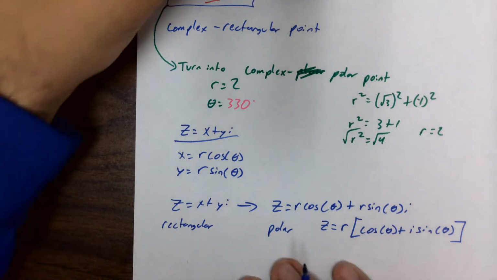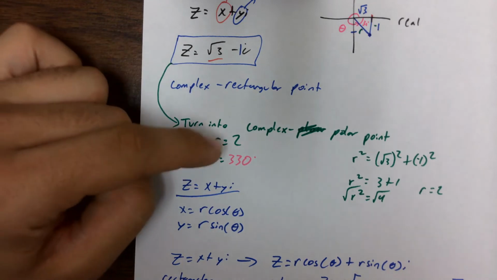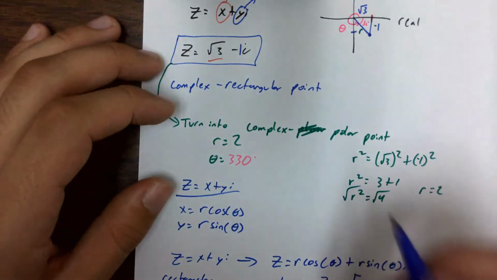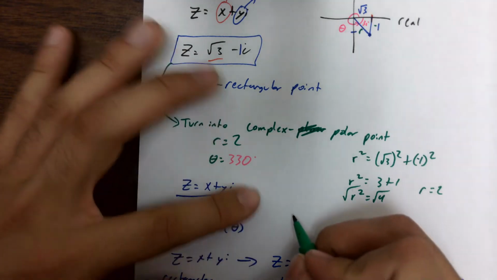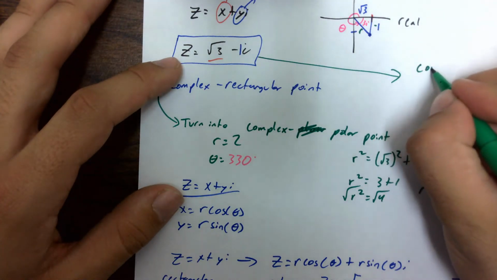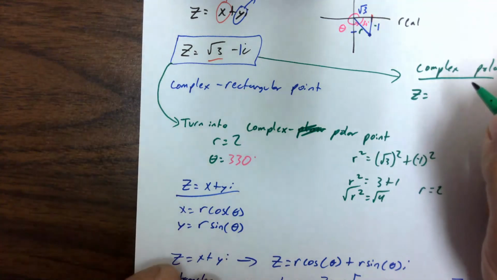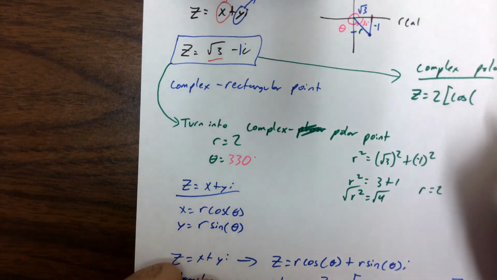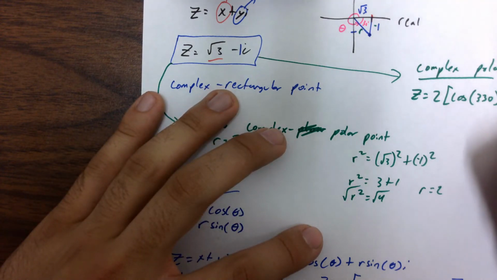So back to the problem. How do I turn this equation into polar? Well, I have my r and my theta, so I just need to follow along. So to get it in polar, I'm going to take my z, which is here, this is rectangular, and go to complex polar. z is equal to r, my r is 2, cosine of 330 plus i sine of 330.